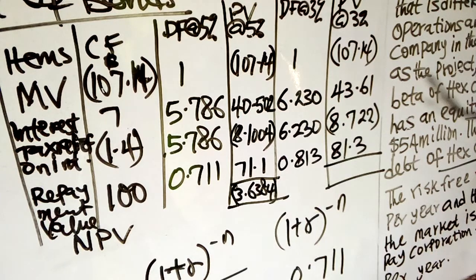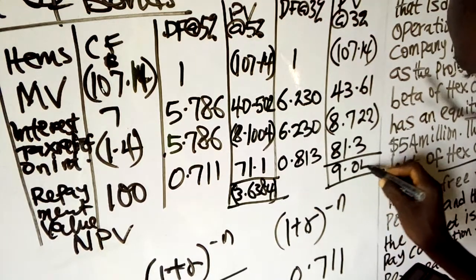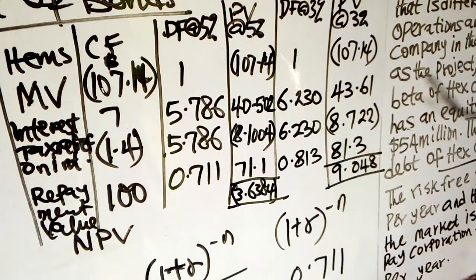When you sum it up, we have minus 8.722 plus 43.61, then minus 107.14. So we have positive 9.048. This one is positive.